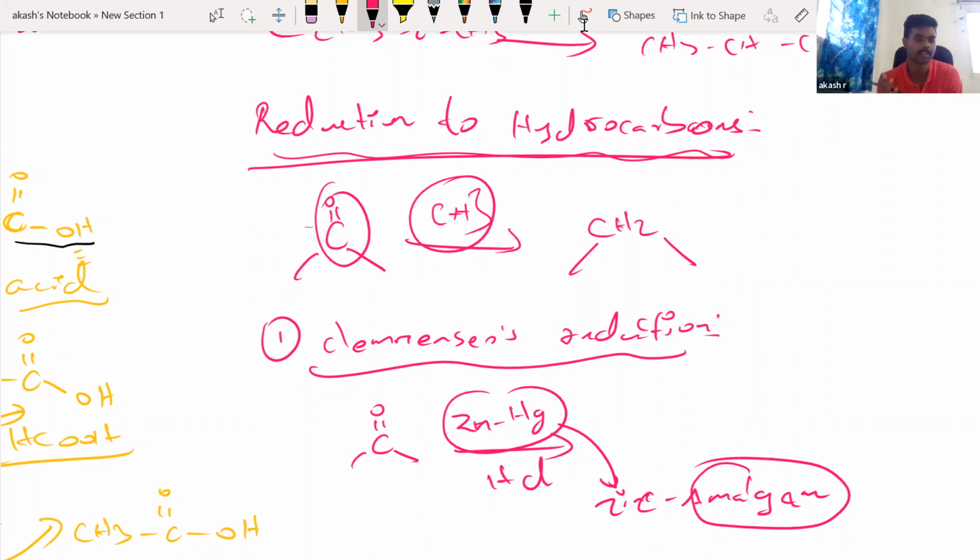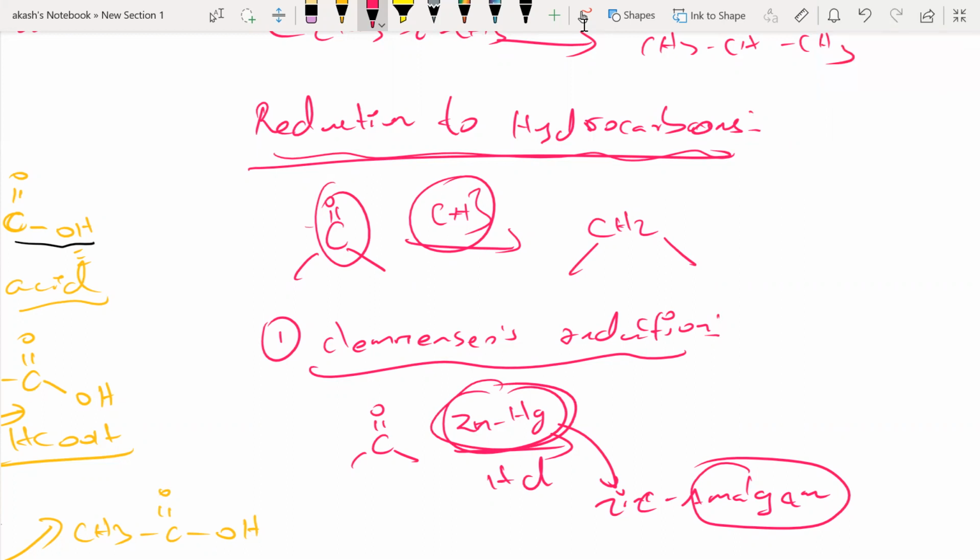Okay, I can take this as a closer answer, but the first part is not right: this zinc amalgam is not a compound. I can say it's an alloy. Okay, that is a better answer. Any other answers?